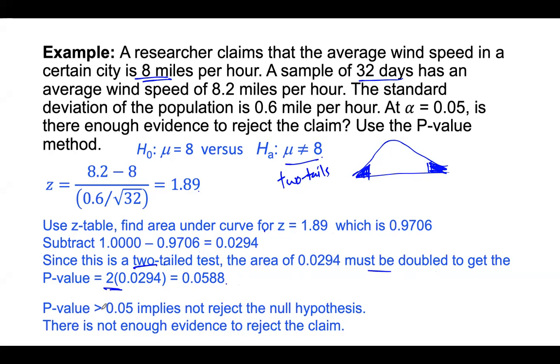This p-value is greater than 0.05. So this implies not to reject this null hypothesis. So there's not enough evidence to reject this claim.